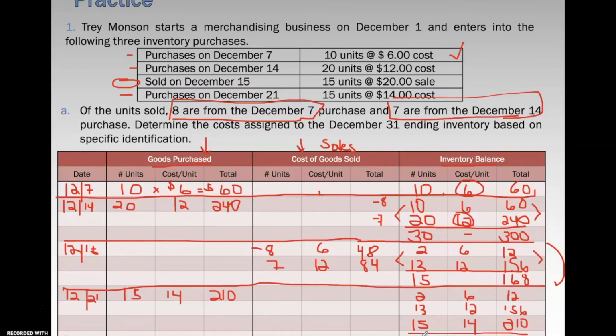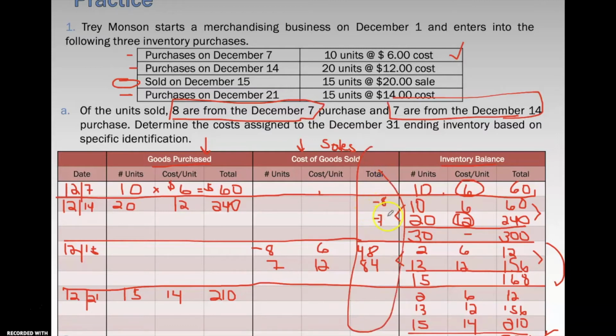And we really don't care too much about putting this 30 in, but what I care about more is the cost, this last one here. How much does my goods cost me? 12 plus 156 plus 210, 378. Okay, so we do have to total this whole column.